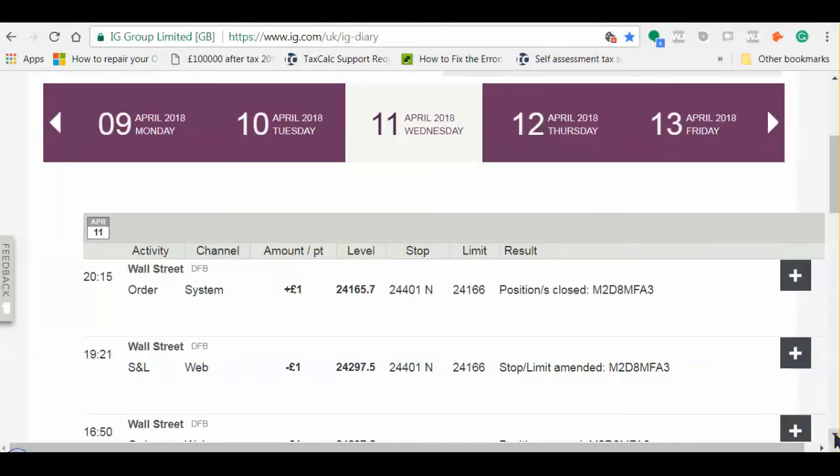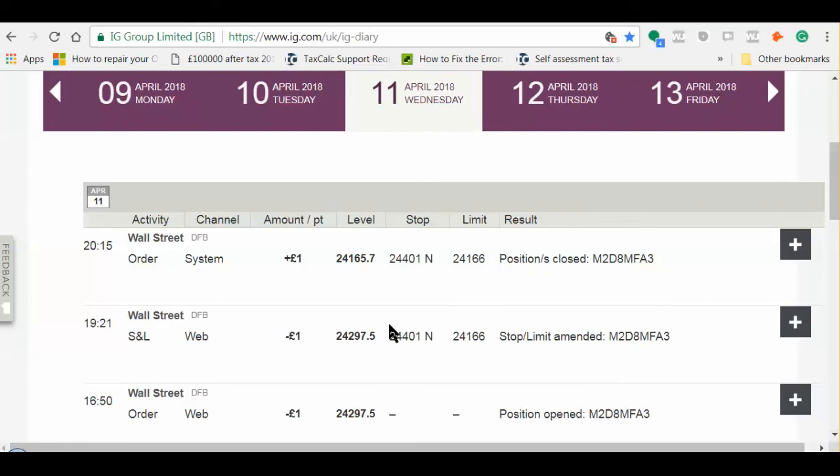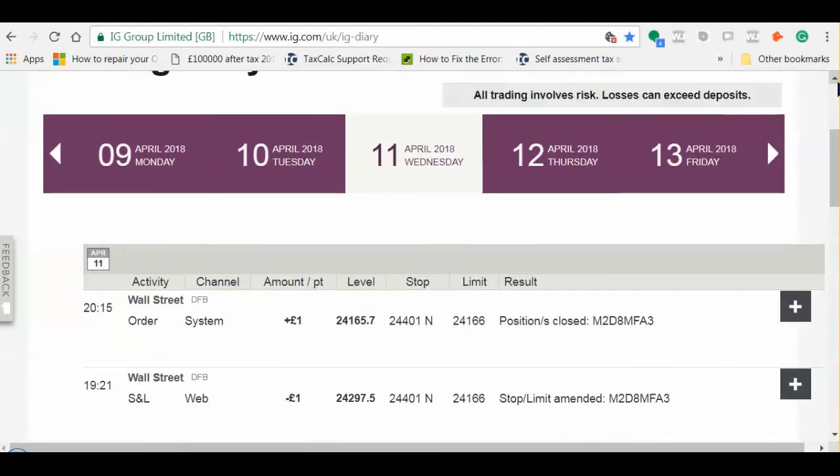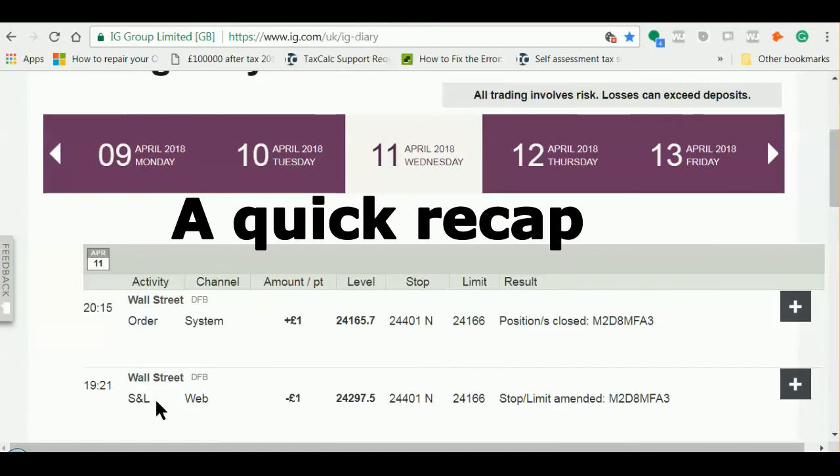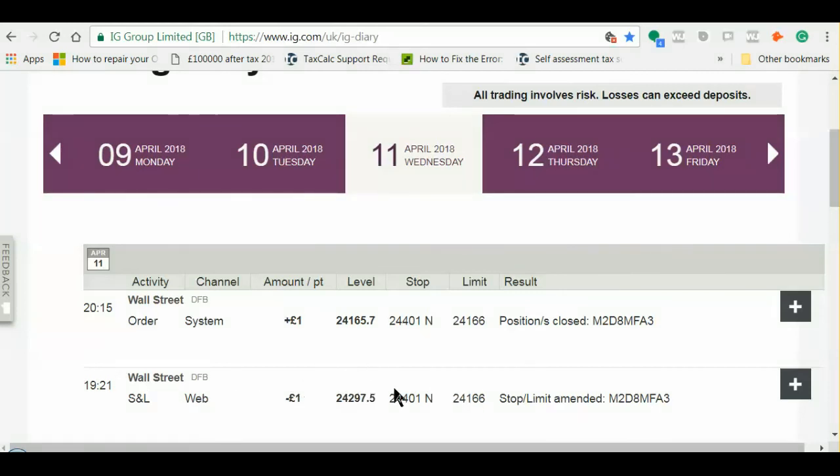If we have a look at my trading diary, so 11th of April today. So what are we looking at here? Yeah, 7:21. That's when I amended the spread bet ticket. My level was 24,297, so I put in a stop of 24,401 and a limit order of 24,166.